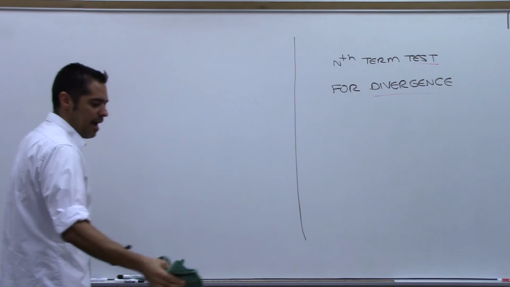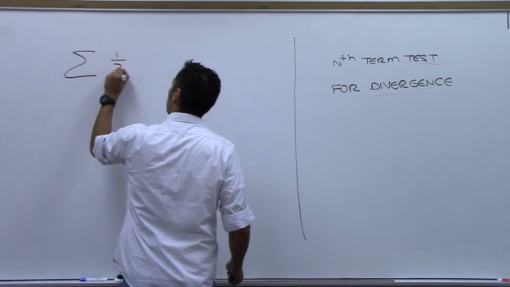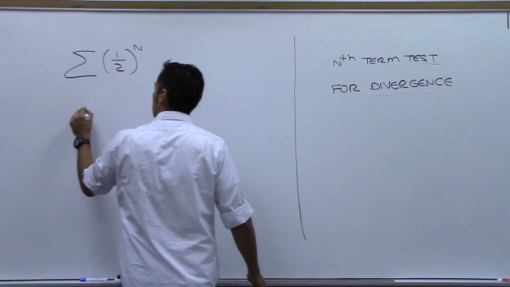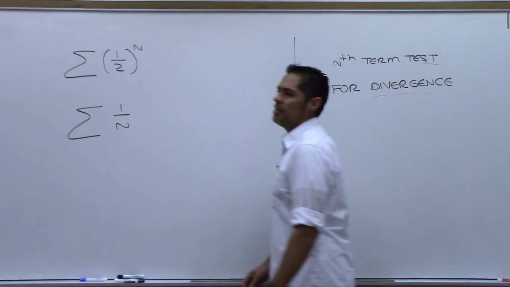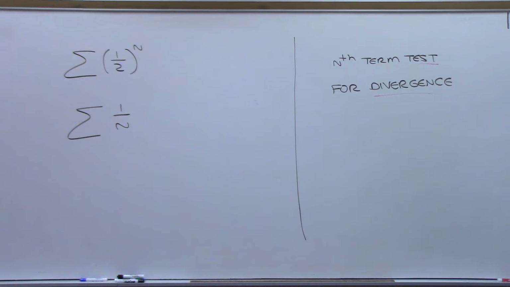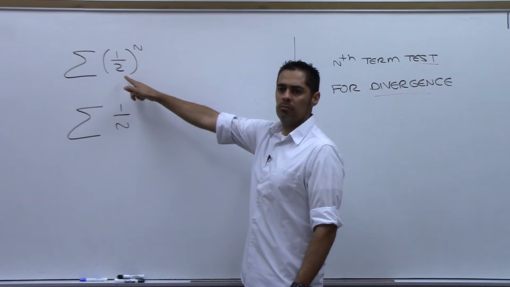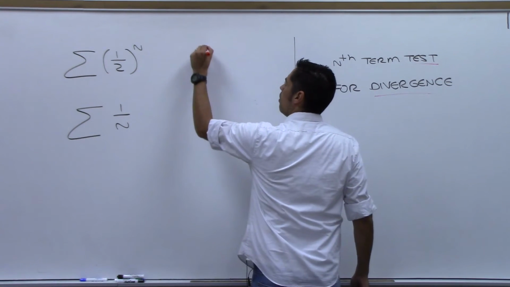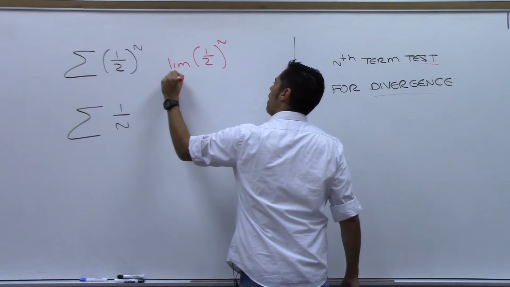The two examples I have are right here. Look at those two series. Run the nth term test on both of those. So what is the a sub n in this one? 1/2 to the n. I'd like for you to take the limit as n goes to infinity of that.